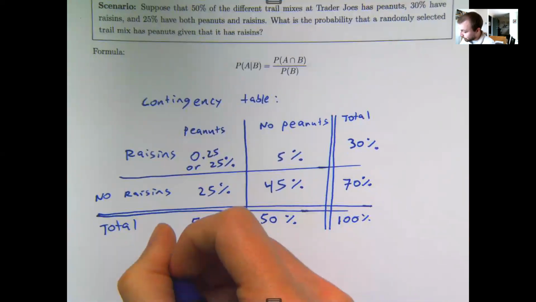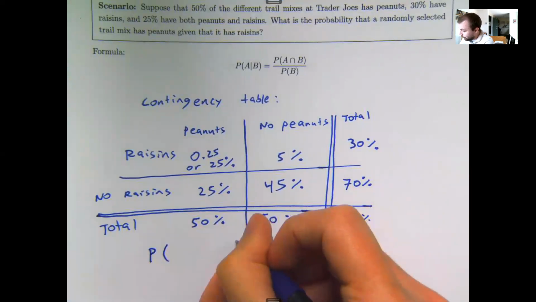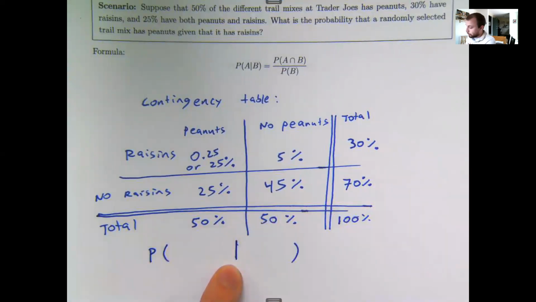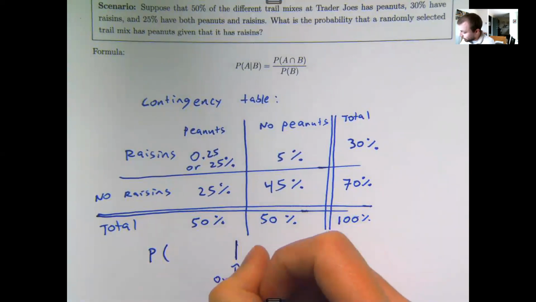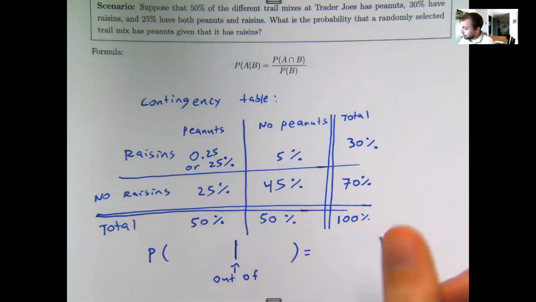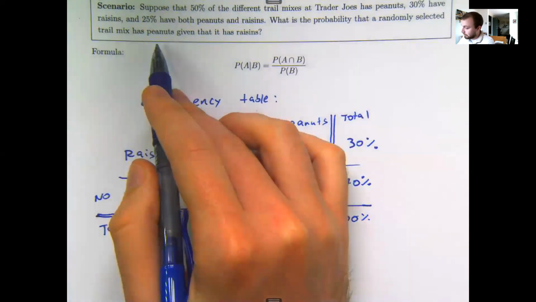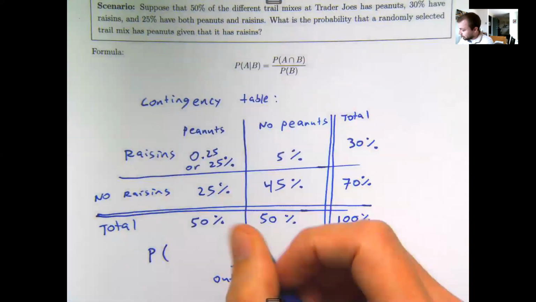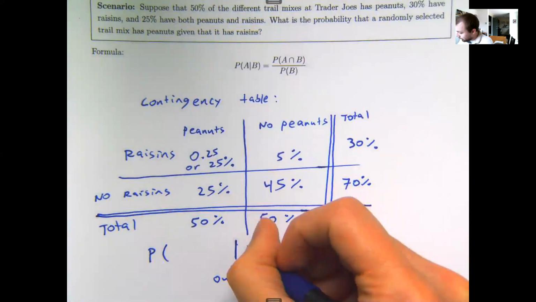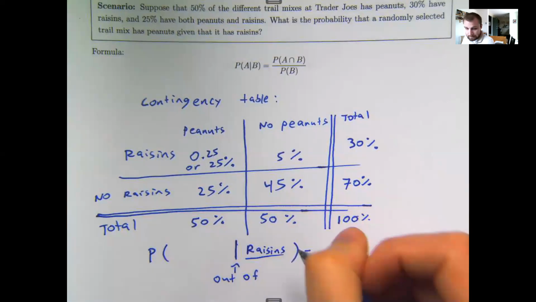Now, when I'm using these tables to answer questions, I need to know what part of the table I'm looking at, or what it is out of, or given. In this case, it says, what is the probability that a randomly selected trail mix has peanuts, given that it has raisins? So I know that it has raisins.